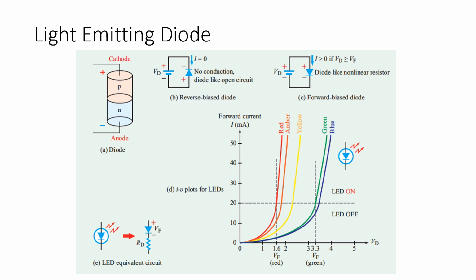But what it comes down to is colors like blue, green, and ultraviolet require a higher forward voltage than colors like red and amber, which means that the voltage drop over those LEDs is going to be more. So let's say I have a 2-volt power supply.